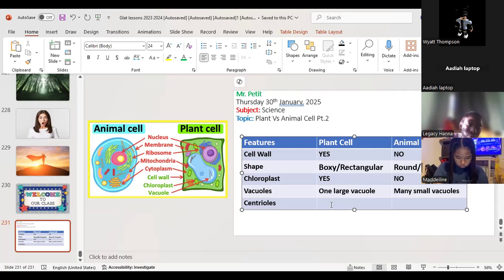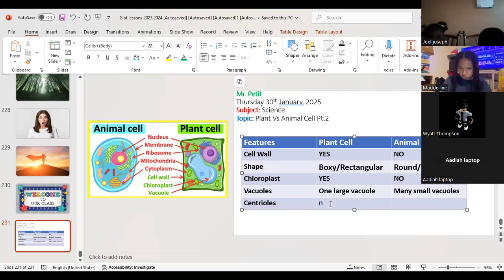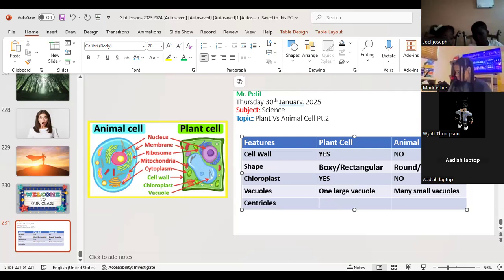All right. Now centrioles. Do plant cells have centrioles? Yes, Legacy? Can cells have a genetic mutation? Yes, they can.